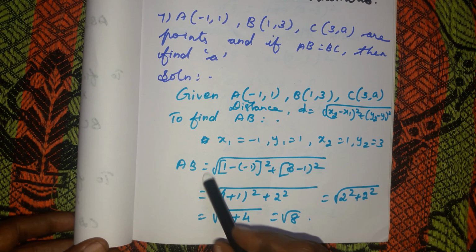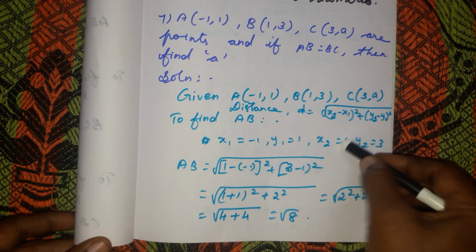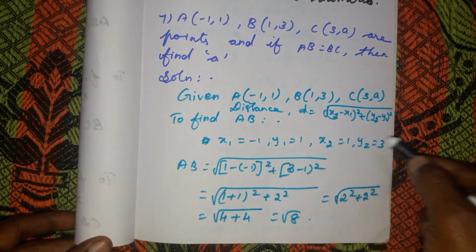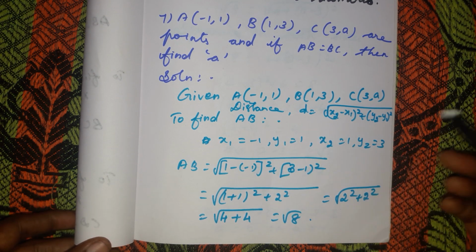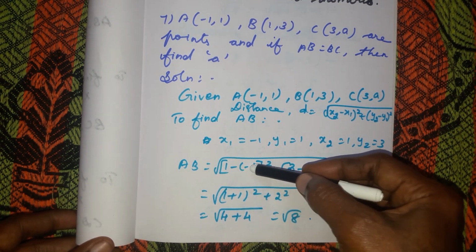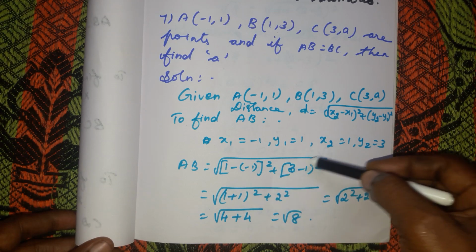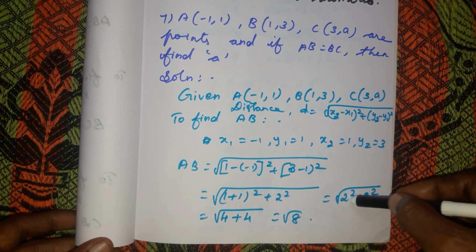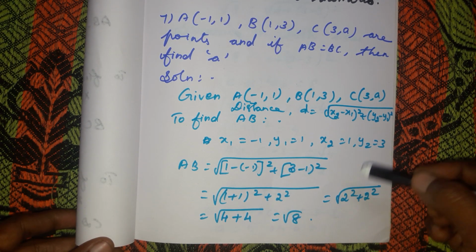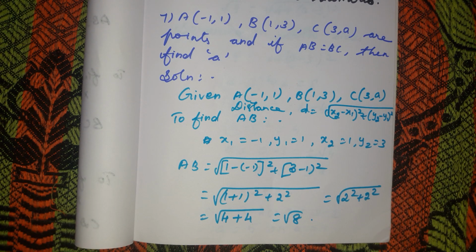So AB is equal to root of (1 minus of minus 1) the whole square plus (3 minus 1) the whole square. 1 minus of minus means plus. So it is root of (1 plus 1) the whole square plus 2 square, equal to root of 2 square plus 2 square, equal to root of 4 plus 4, equal to root 8.